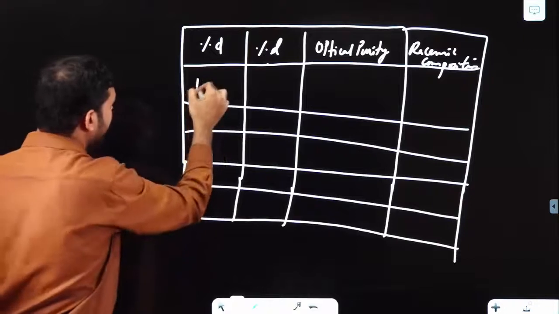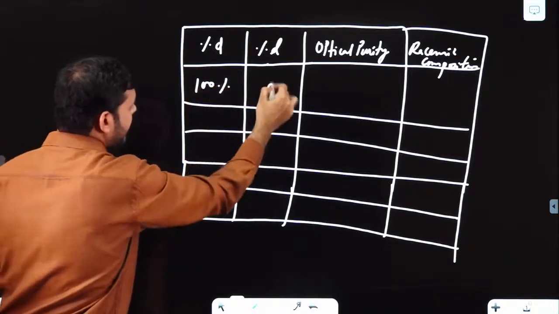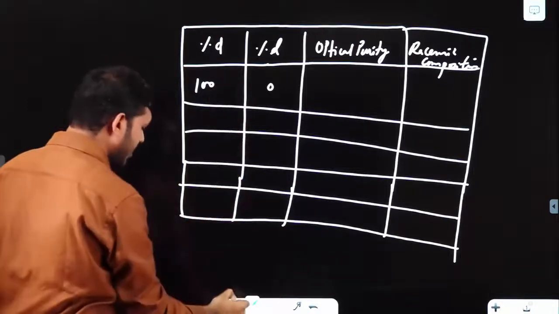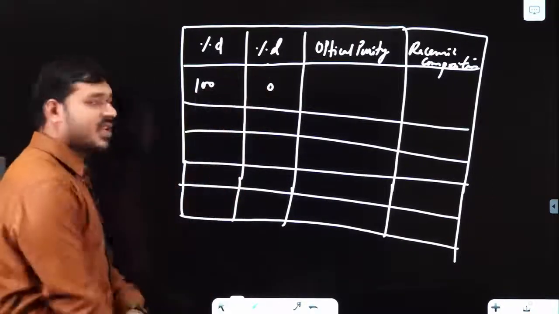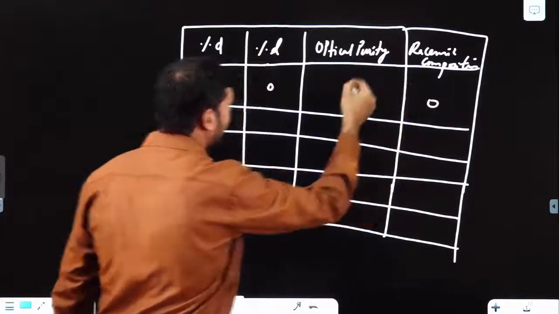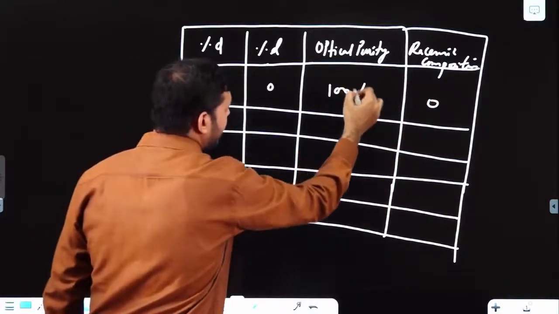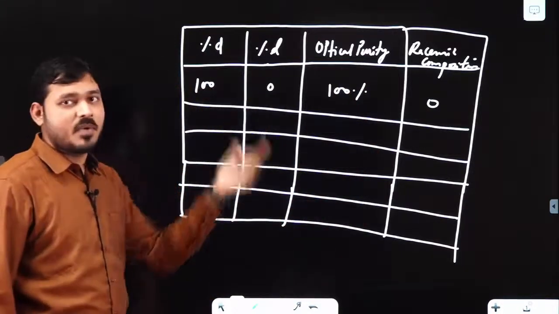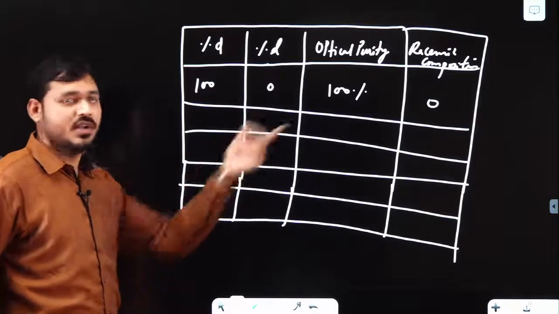If I say D form is 100%, L will definitely be 0. I am explaining in terms of percent only. D is 100%, L is 0. Simply you can say it is pure. So racemic composition is 0 and optical purity is 100%. Clear? Using the formula, 100 upon 100 plus 0, 100 into 100.